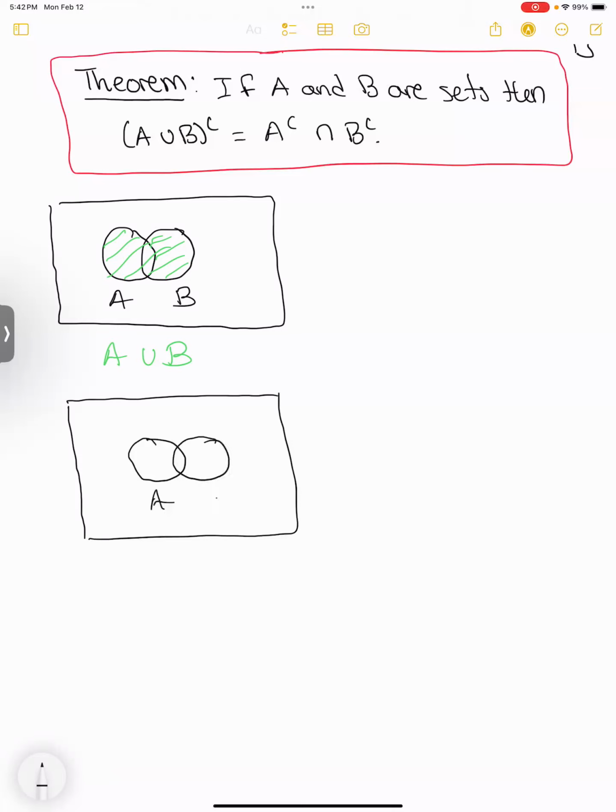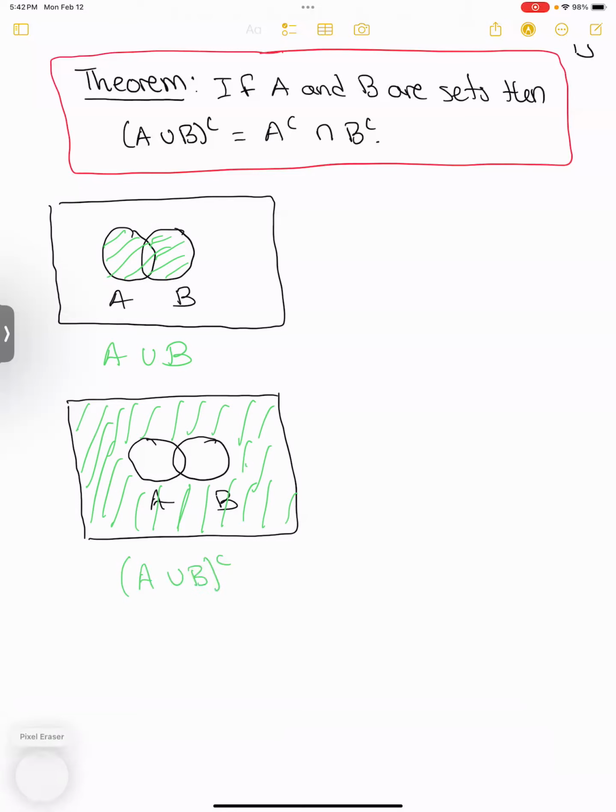I have A and B. I want A union B complement. So I'm looking at everything outside of A union B, right? So we're talking about all this stuff out here. Okay, so that's A union B complement.